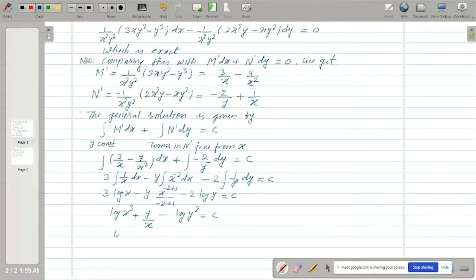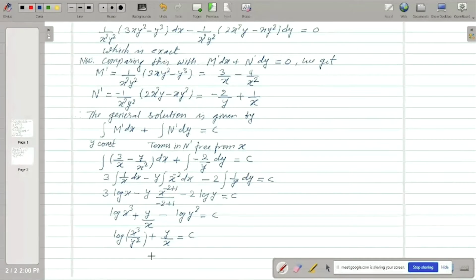So this is log of x cube y upon y square, plus y by x, equal to c.